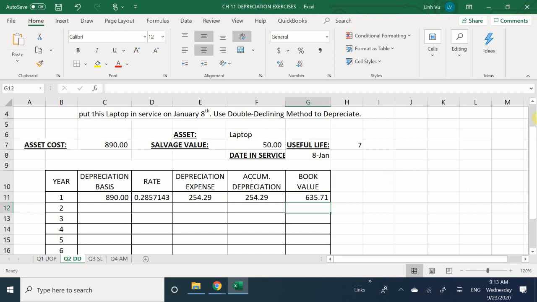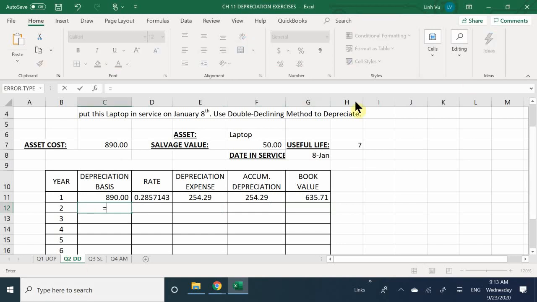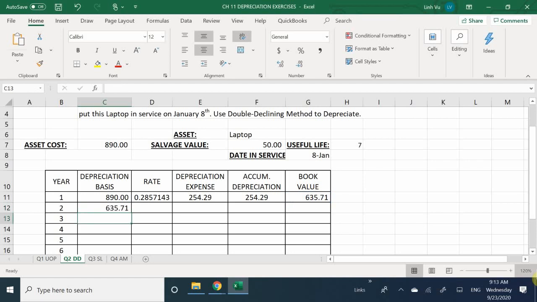That is correct. Now, what is going to be my depreciation basis for the second year? We need to pull it from where we solved it. Good, because our formula for the depreciation basis is the beginning of the year's book value.